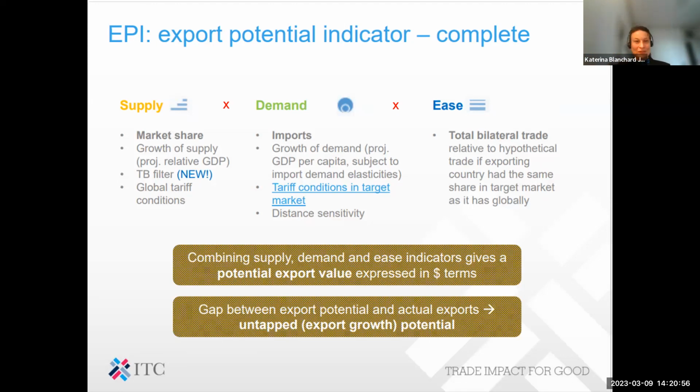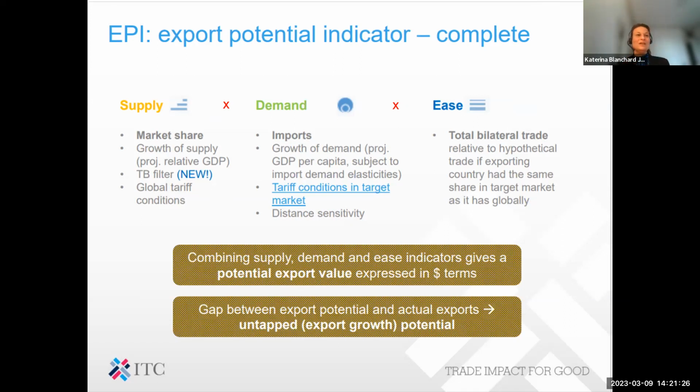So if it's easier, this indicator would be higher than 1 and would further make the export potential bigger. If not, it would be the opposite. So that's the ease of trade indicator. And we know that the ease of trade can be positively impacted by many factors, such as a common language, common border, and strong historic ties, for example.